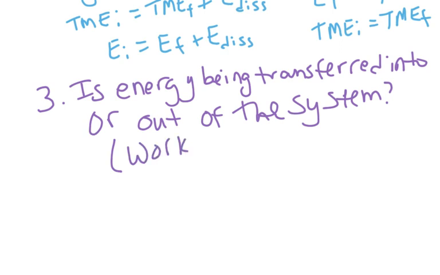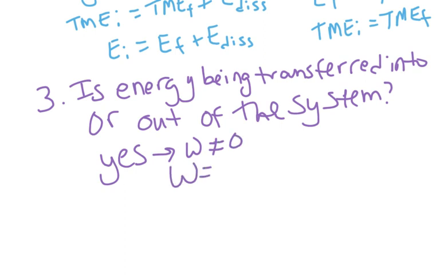So if energy is being transferred in or out, then work cannot equal 0, and we are going to give you an equation for that next time. If it's not having energy transferred in or out, then the work equals 0.